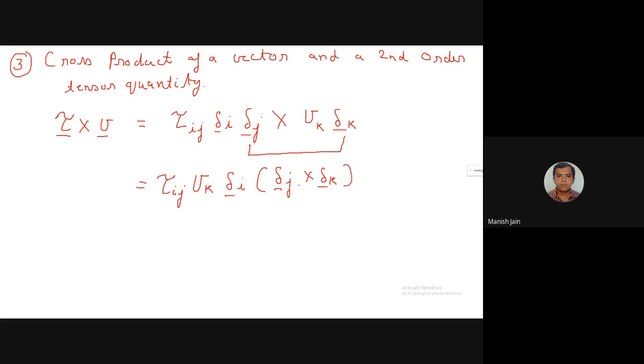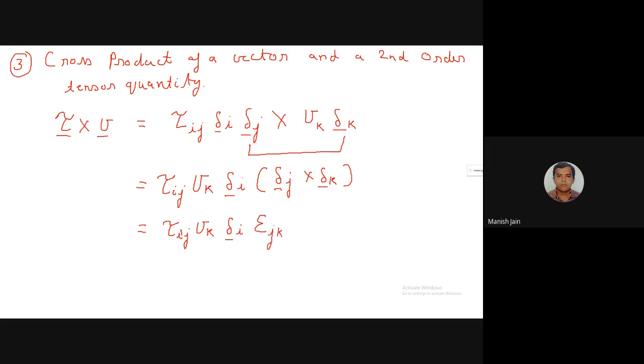Now when you take the cross product between del j and del k, an alternating unit tensor will come.